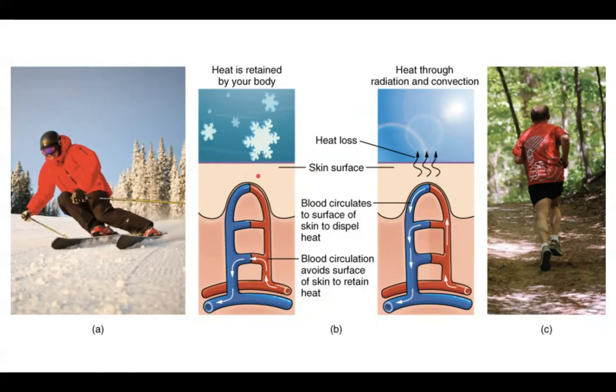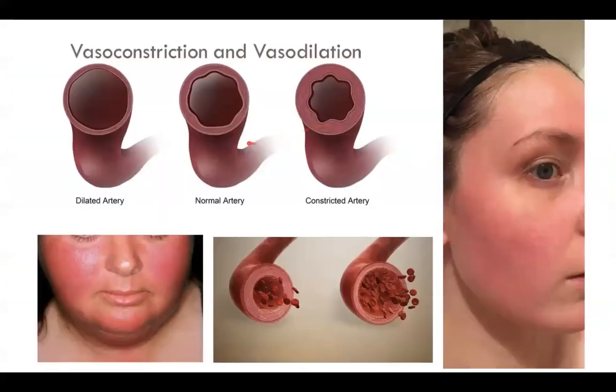In winters, your skin gives a pale appearance, a bluish appearance of the lips. That's because of vasoconstriction. And in summers, your face gives a flushed appearance due to vasodilation. This is a normal artery. When the blood vessel is dilated, more blood flows through it. This is called vasodilation. And when it is constricted, less blood flows through it.